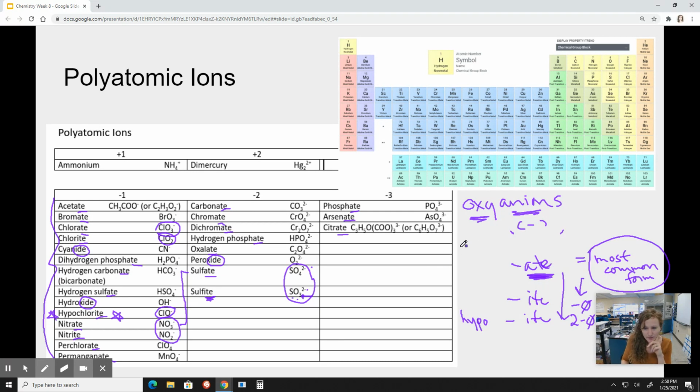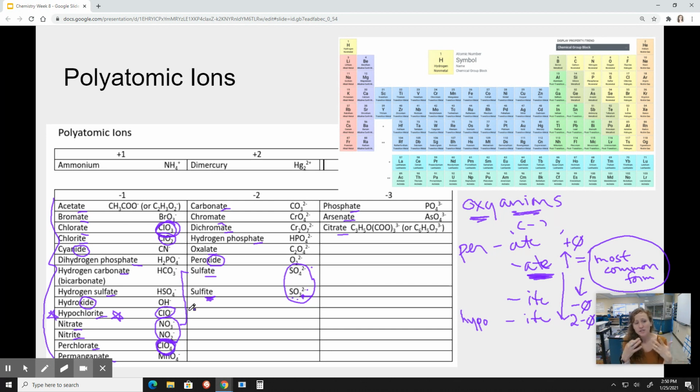And then the other form is the per-ate. The per-ate form has one additional oxygen than the ate form. So you can see perchlorate here. If chlorate is ClO3 minus, perchlorate is ClO4 minus. Notice it has gained an oxygen.